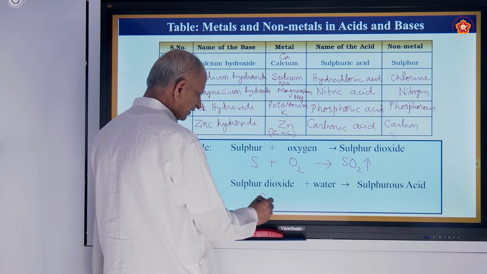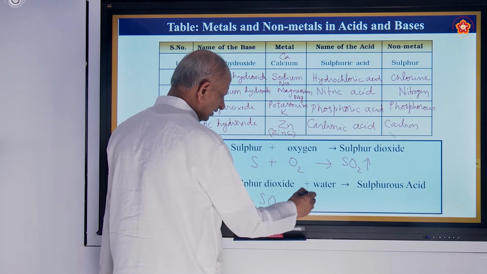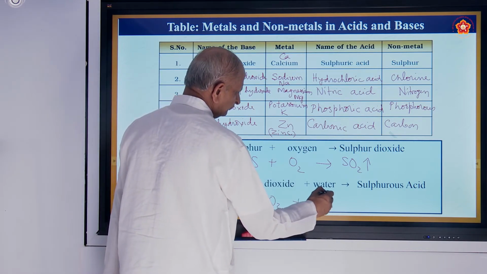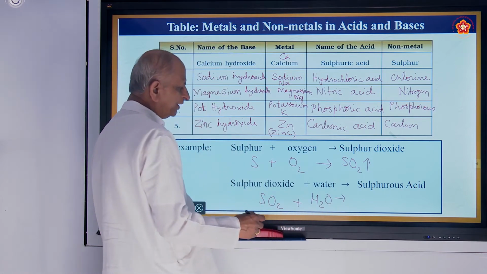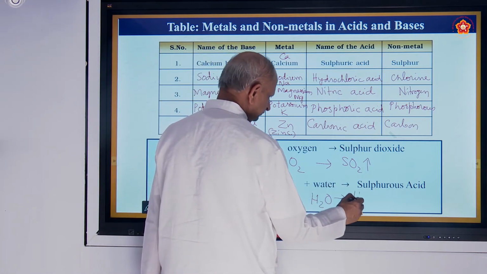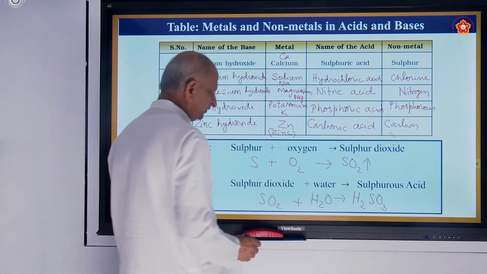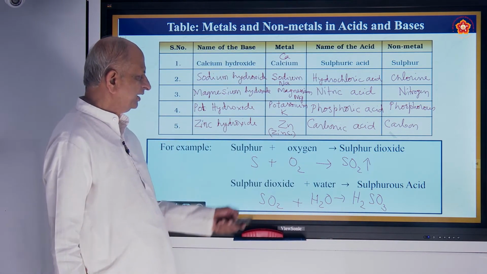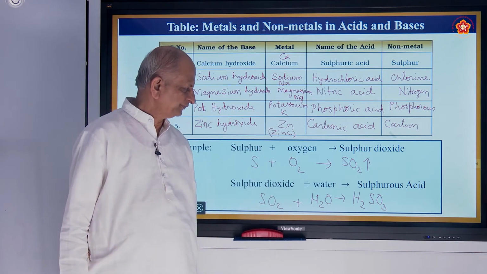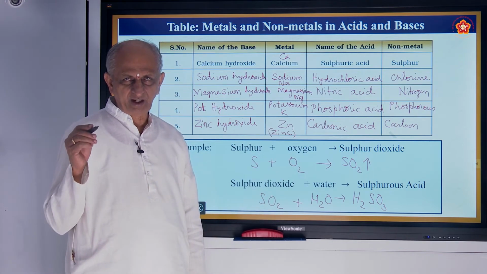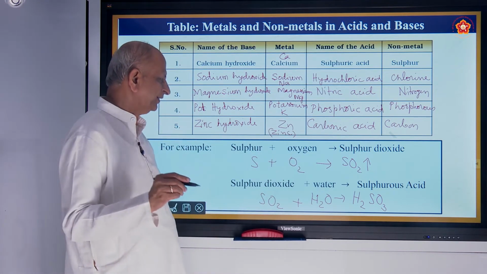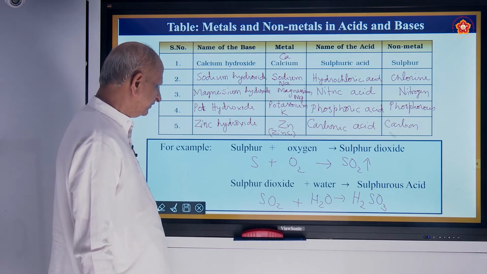If this sulfur dioxide is added to water, it forms sulfurous acid. Then with more oxygen, it becomes sulfuric acid. Similarly, with all other non-metals, first they form oxides, then they dissolve in water to form acids.